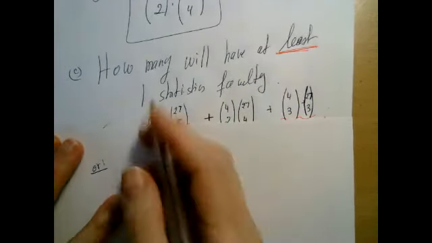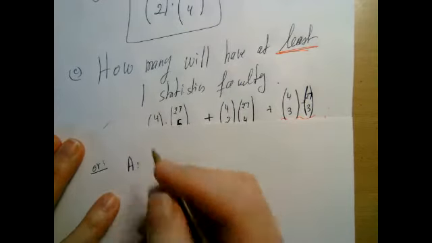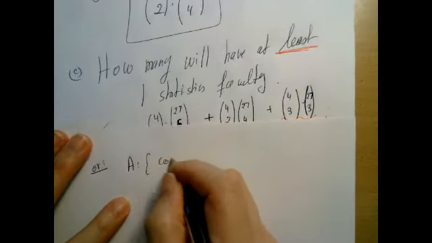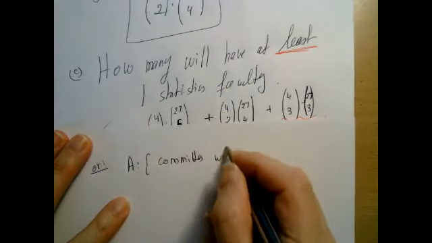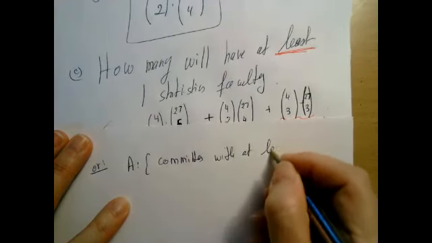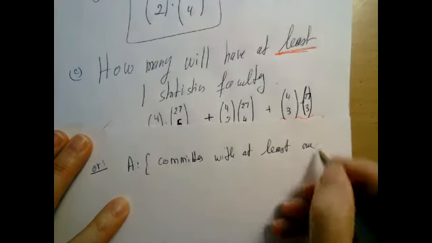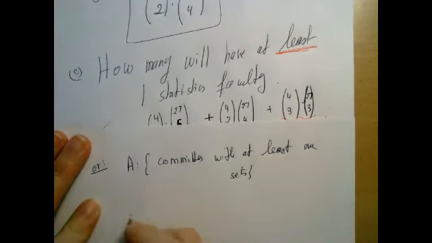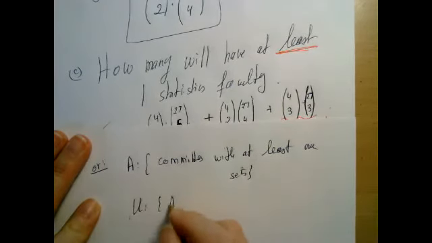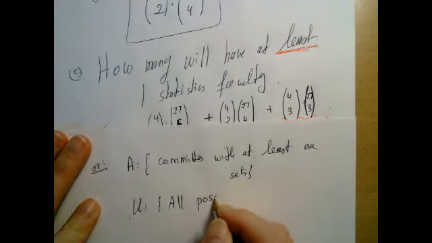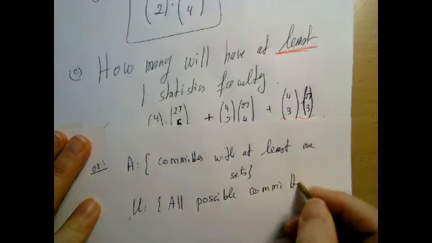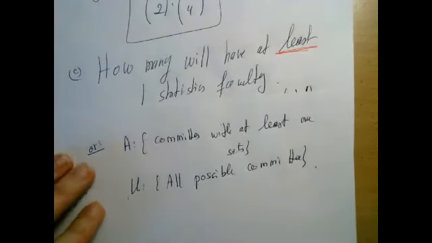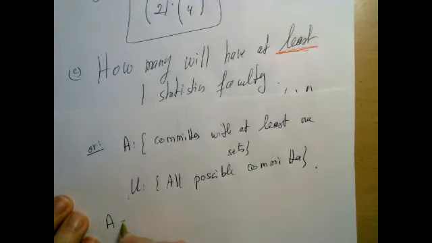Okay. So let me take A to be what I am interested in: all the committees with at least one stat. That's the one I'm interested in. And my universe is all possible committees. So I'm going to write A, my set A, as the universe minus what?